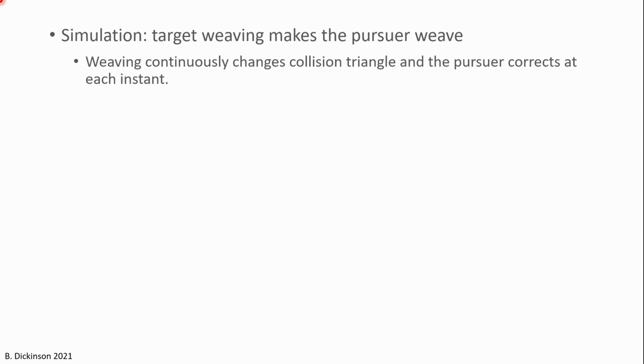What we've seen from our exploration of this engagement is that the target weaving makes the pursuer weave. This makes sense because as the target weaves, the collision triangle is continuously adjusting so that the pursuer continuously has to make adjustments in order to establish that triangle according to the Pronav law.